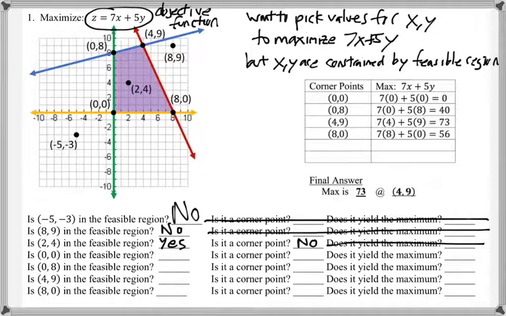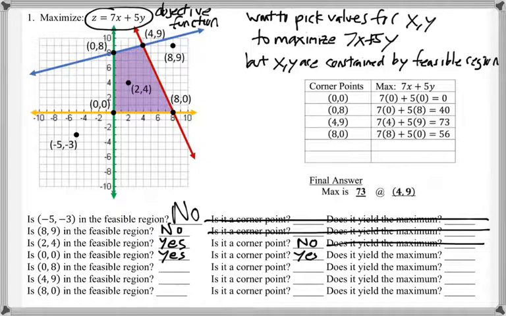Is the point 0, 0 in the feasible region? Yes, it is. So if it's on the line, it counts. Is it a corner point? Yes. Does it yield the maximum? So the point 0, 0, we plug into the objective function and we get 0. And that is not the maximum value here.